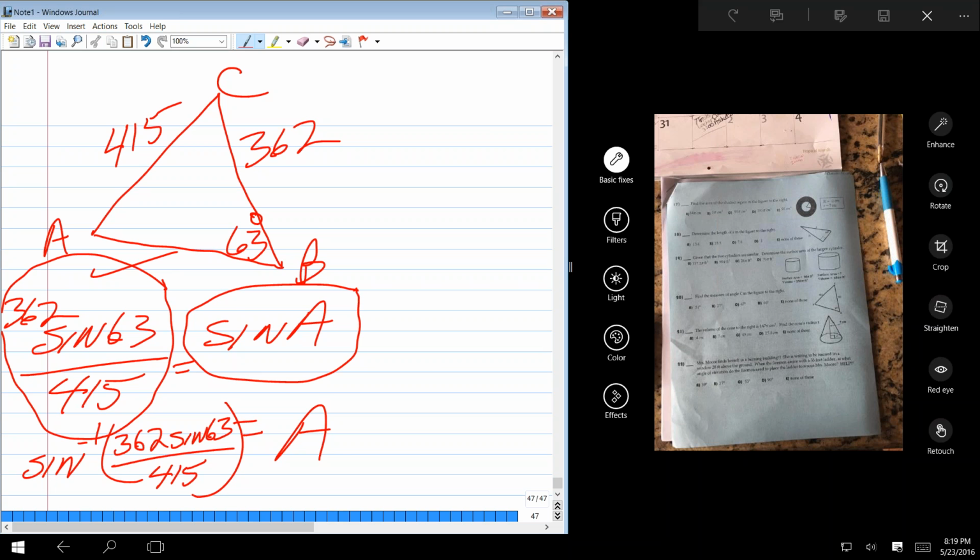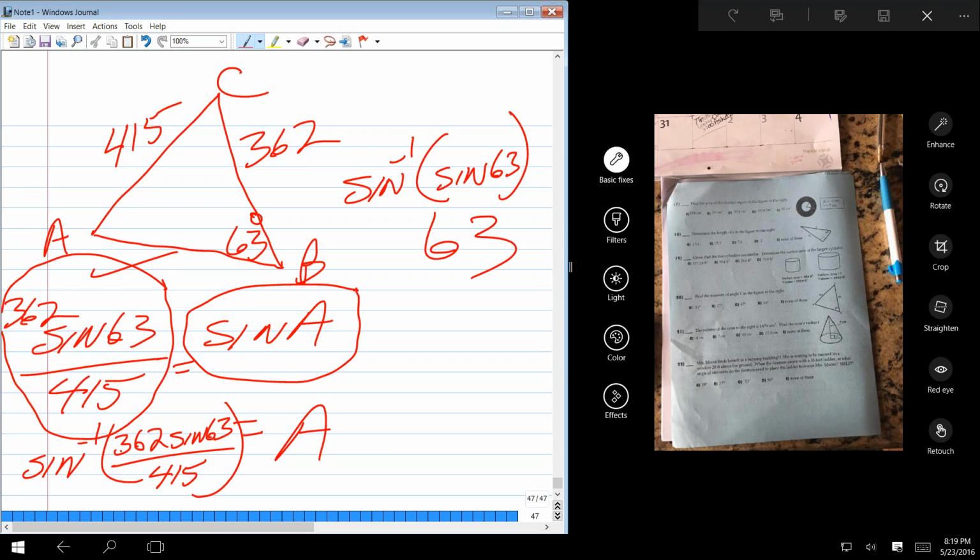And you can't cross off the inverse sine and the sine and leave 63. It doesn't produce the same thing. You could if it was just inverse sine of the sine of 63. Well, yes, that is equal to 63.